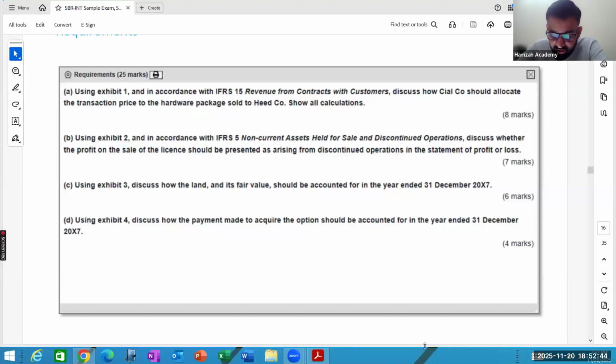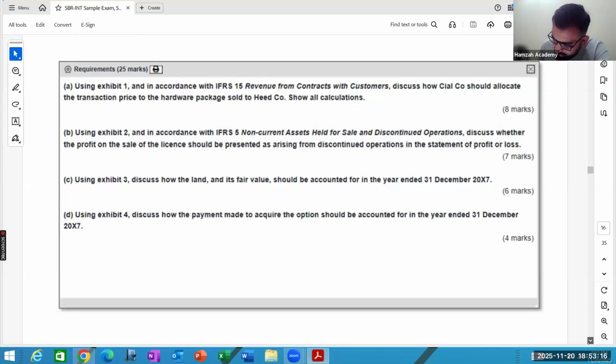So using exhibit 1 and in accordance with IFRS 15 Revenue from Contracts with Customers, discuss how C company should allocate the transaction price to the hardware package sold to H company and show all calculations. That is the first requirement. So let's focus on this requirement first of all.